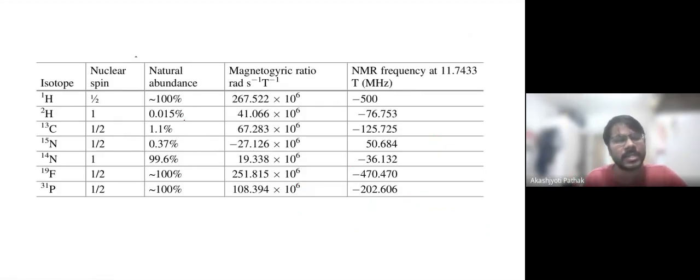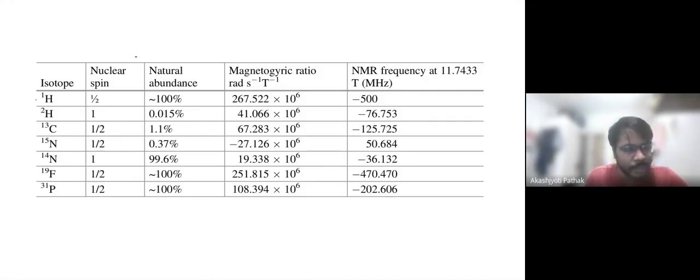So as I was discussing, this is an intrinsic property of the nucleus. Every nucleus has its own gyromagnetic ratio. For proton, it is 267.522 radian per second per Tesla into 10 to the power 6. For deuterium it is 41, for carbon 13 it is 67.